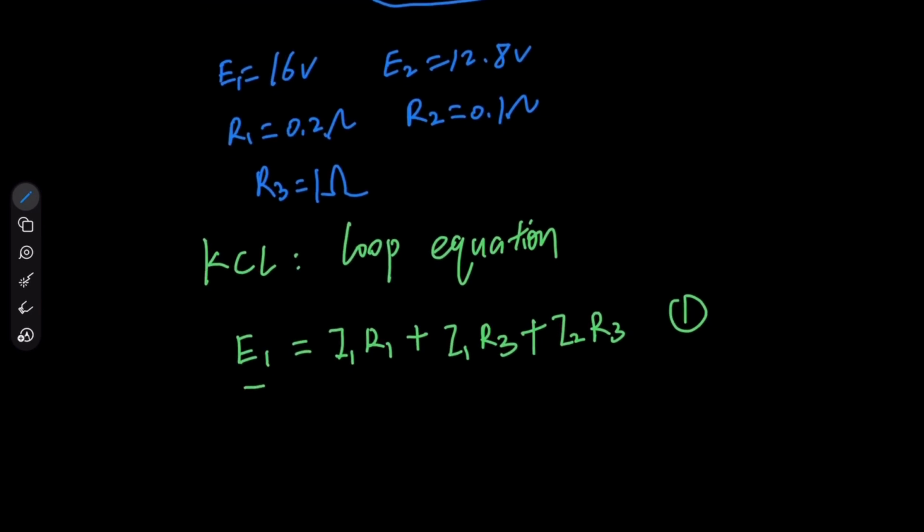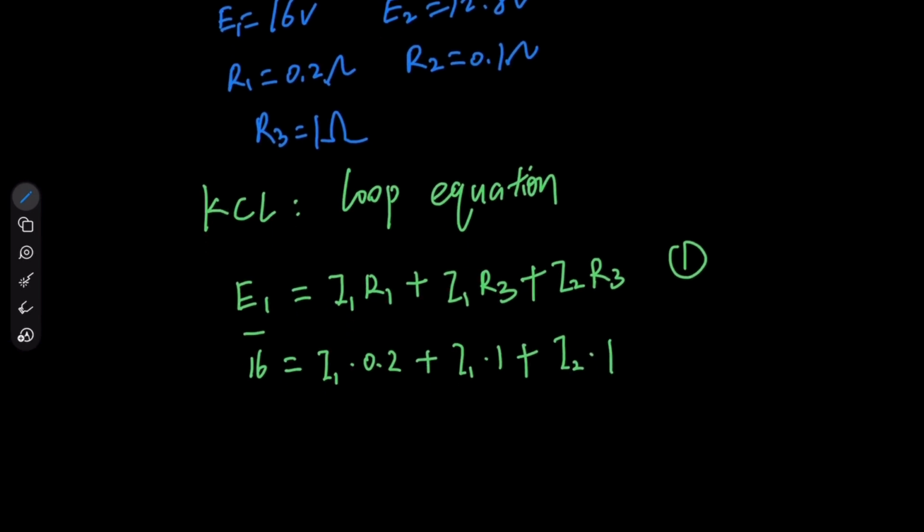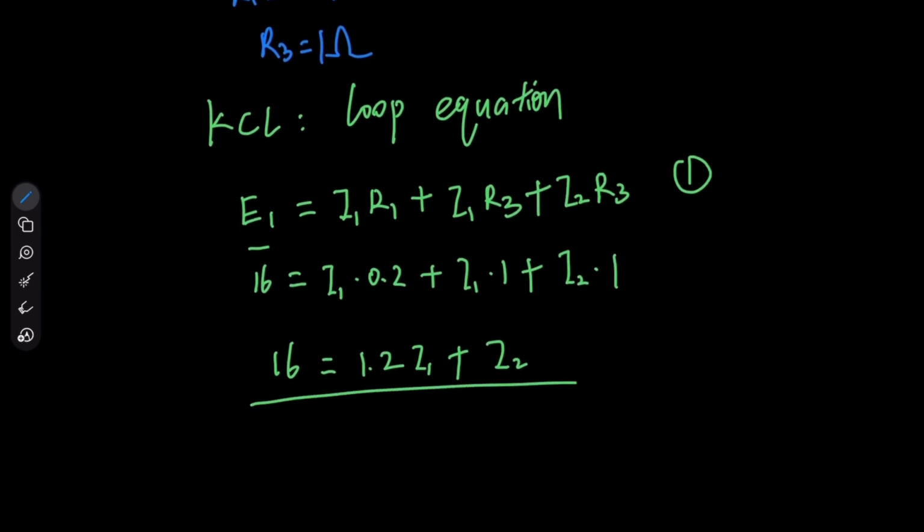If we plug in the numbers, E1 equals 16, I1 is unknown times R1, which is 1.2, plus I1 times R3, which is 1, plus I2 times R3, which is 1. Simplified, we get 16 equals 1.2 I1 plus I2. So this is our first equation.